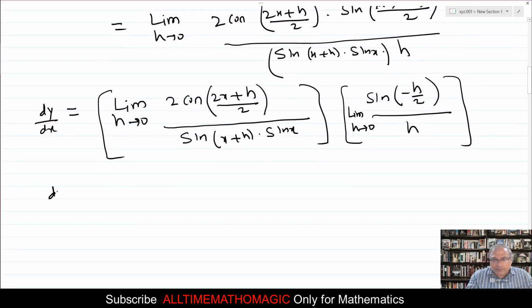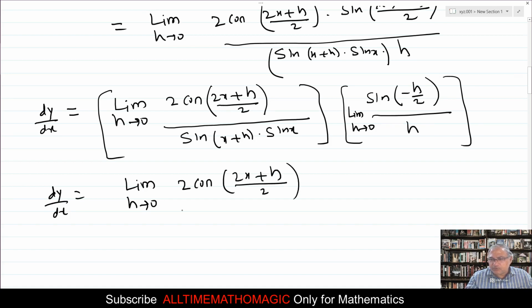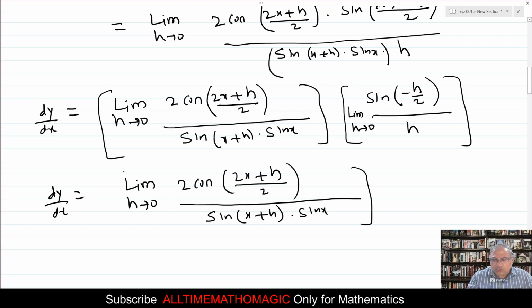Now dy by dx equals limit h tending to 0 of 2 cos of 2x plus h upon 2 divided by sin of x plus h into sin x. This video is for concept building, therefore I am not doing shortcuts, I am doing all the steps.